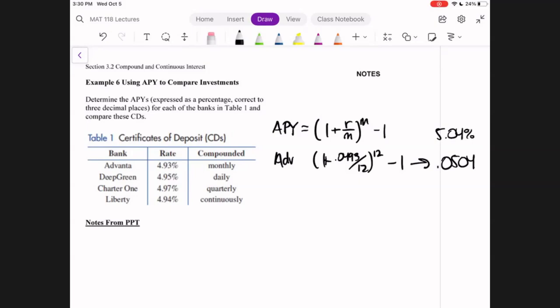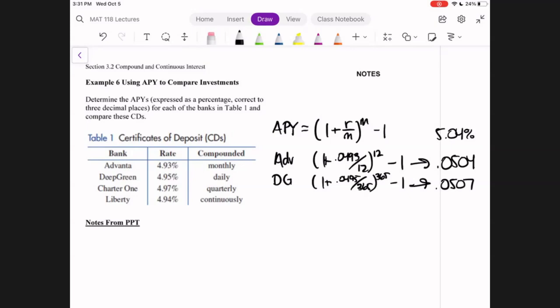Annual percentage yield. And then let's say we do Deep Green. We have 1 plus 0.0495 over, this is daily, so this would be 365, raised to the 365, minus 1. So let's see what we get here. 0.0507.